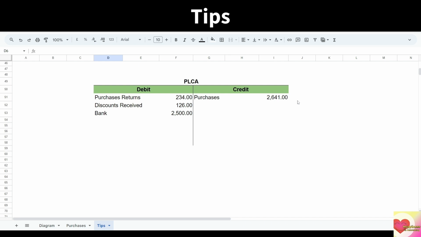So we only have purchases in credit. Everything else following that reduces it, and it goes to the opposite side, which is debit. And they are the purchases returns, discounts received, and the cash payments made from our bank.